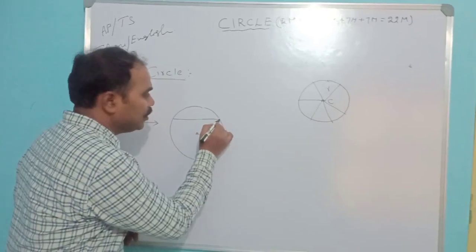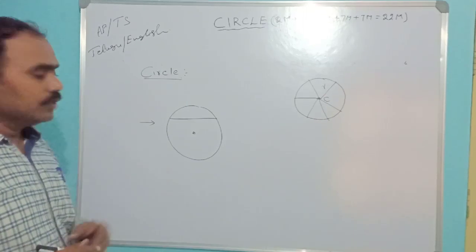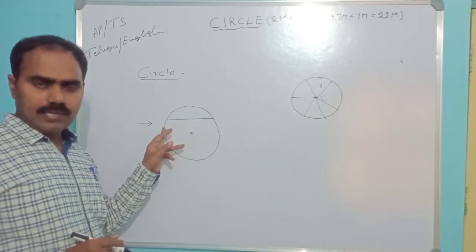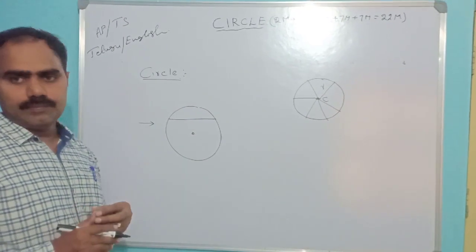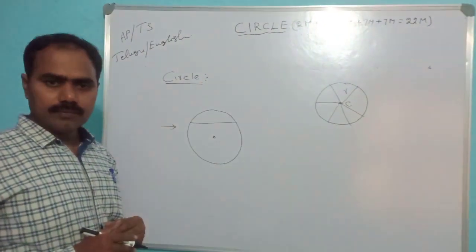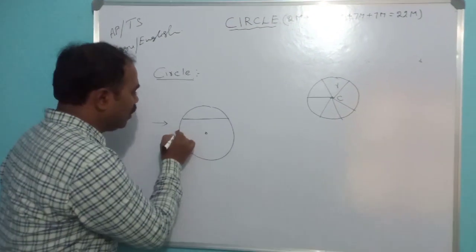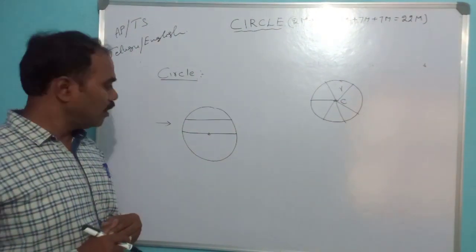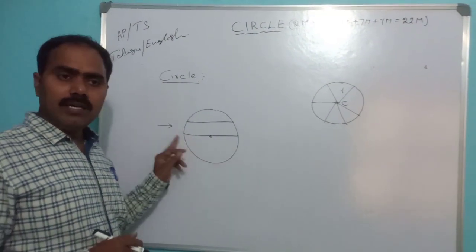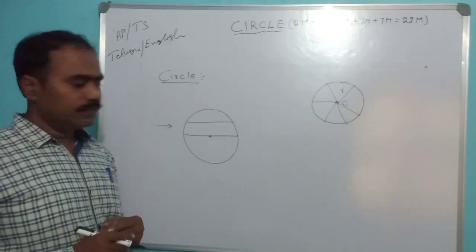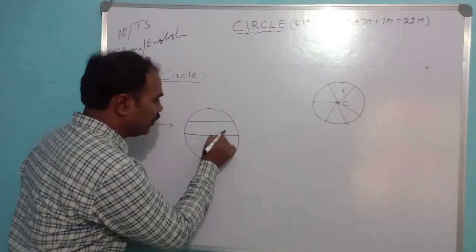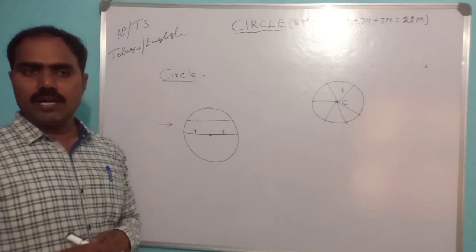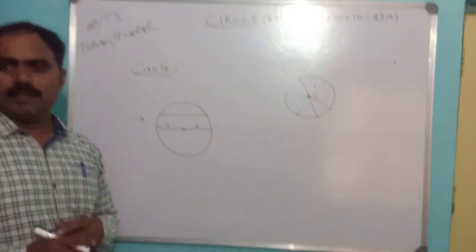The line segment joining 2 points on the circumference is called a chord of the circle. The chord which passes through the center is called the diameter of the circle, which is twice the radius. Diameter is twice the radius.